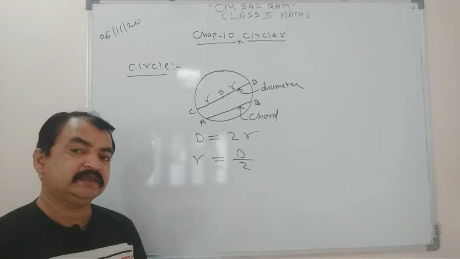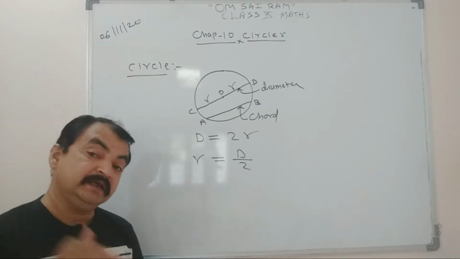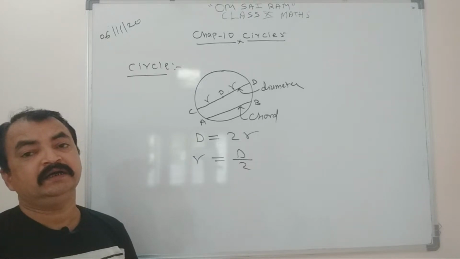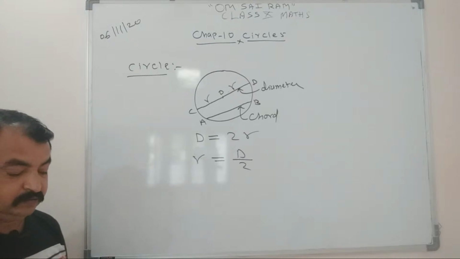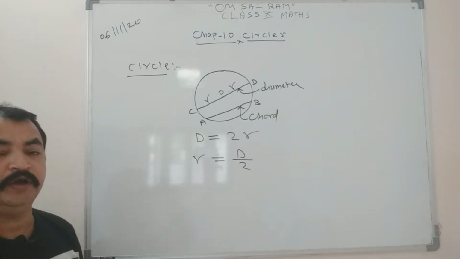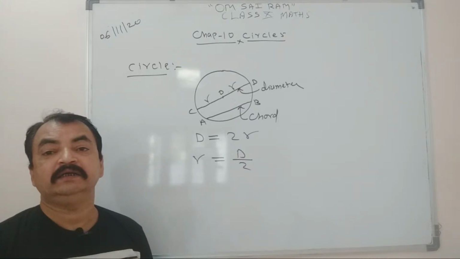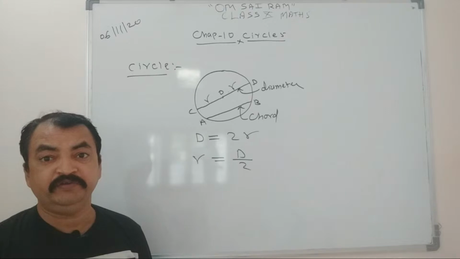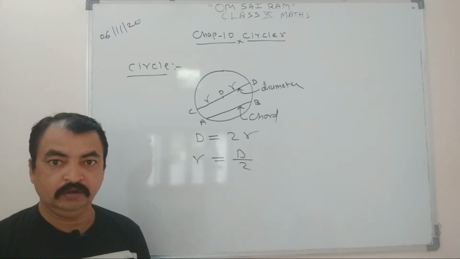And if the distance of that particular point from the center is greater than the radius, then we can say it is in the exterior of the circle. So these are the three positions of a particular point to identify whether it is in the interior of the circle, exterior of the circle, or on the circle, children.